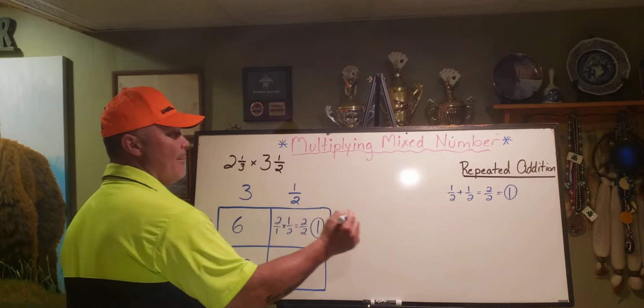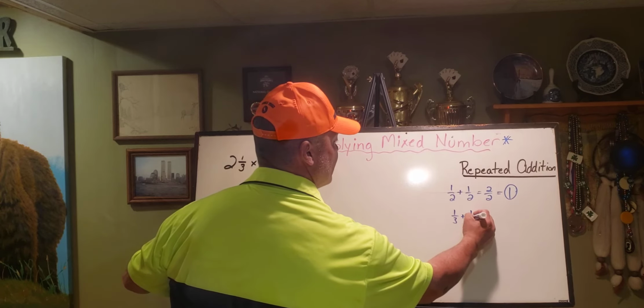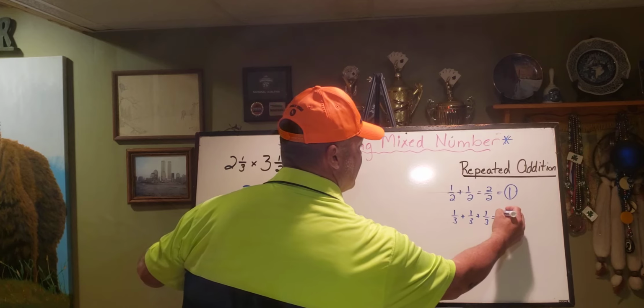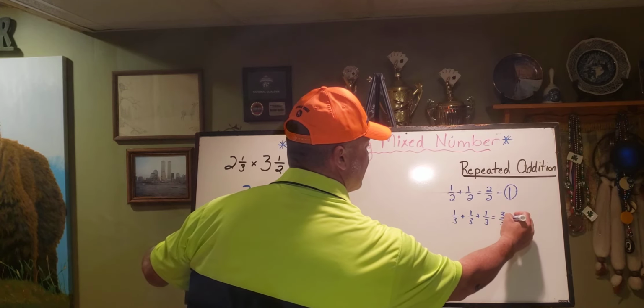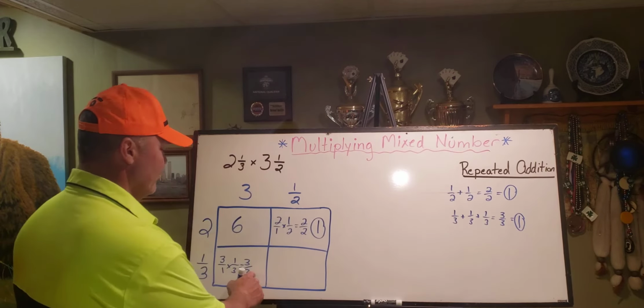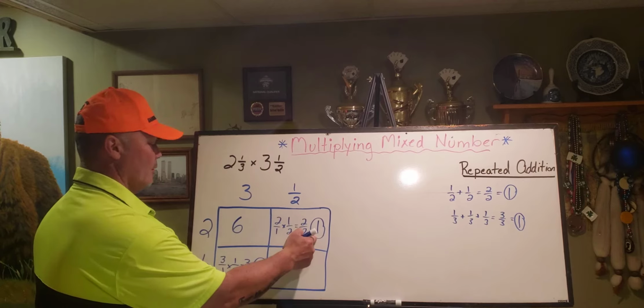Or I can do 3 copies of 1/3. 1/3 plus 1/3 plus 1/3 still equals 3/3. And we know that equals 1. So inside here, I can write 1 and circle it, knowing I have a whole number and a whole number.